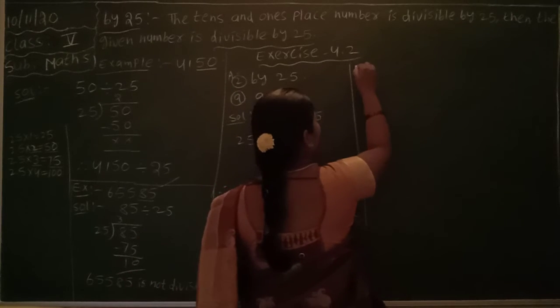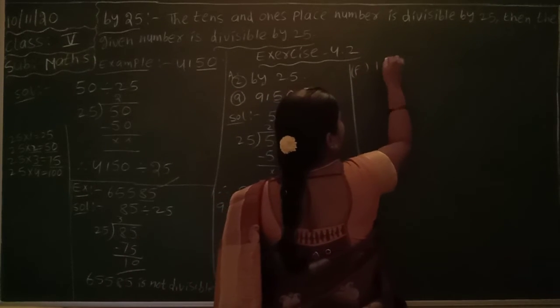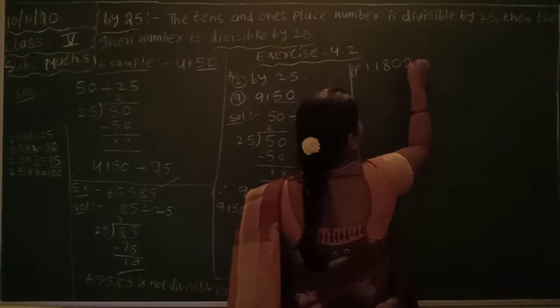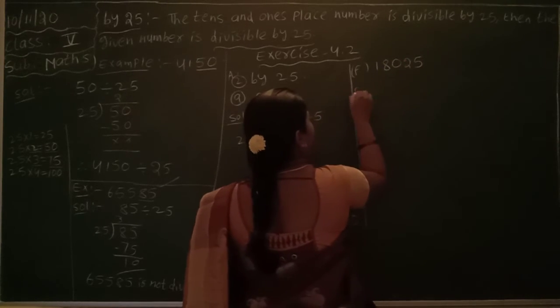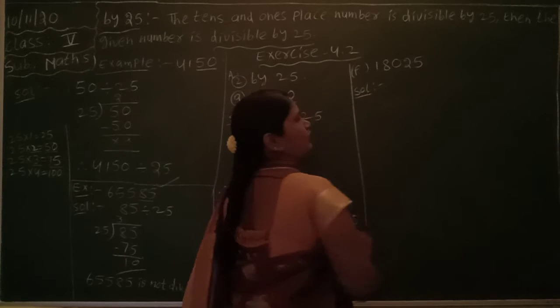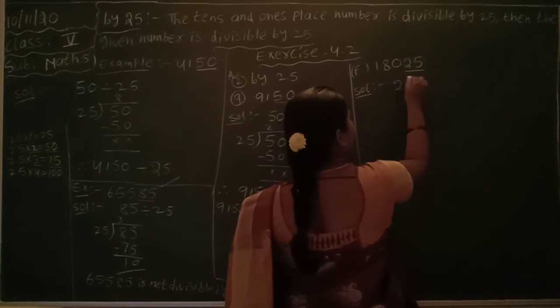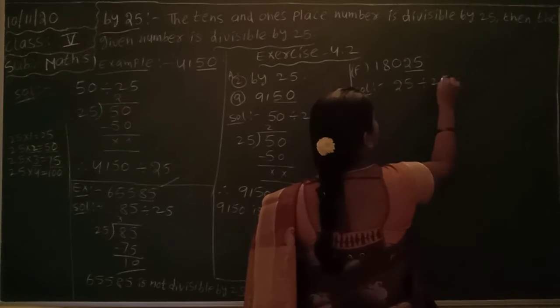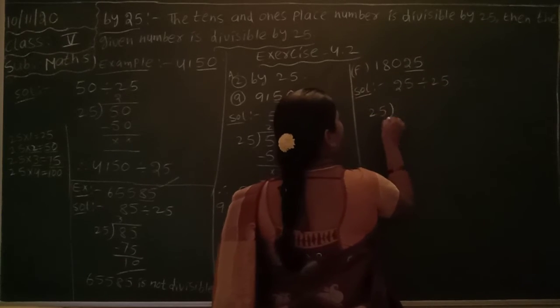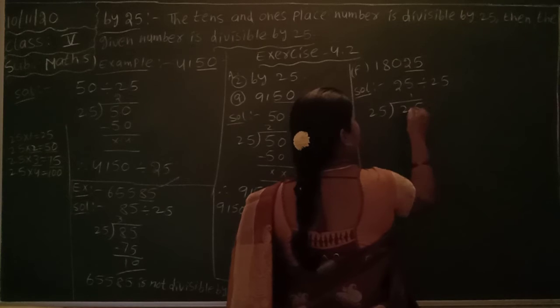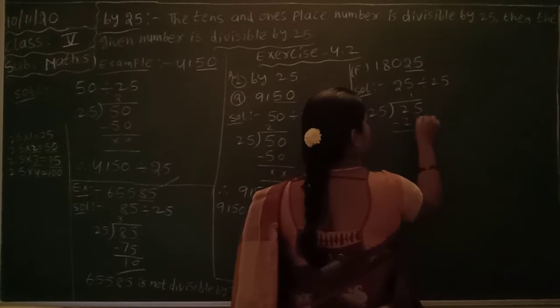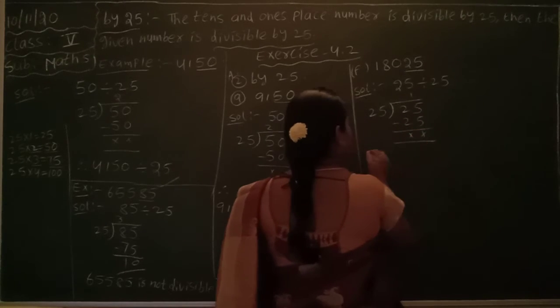One more question, that is 18,025. Solution: first, what do we have to observe? The tens place and ones place numbers. 25 divided by 25. 25 ones are 25. 5 minus 5 is 0.